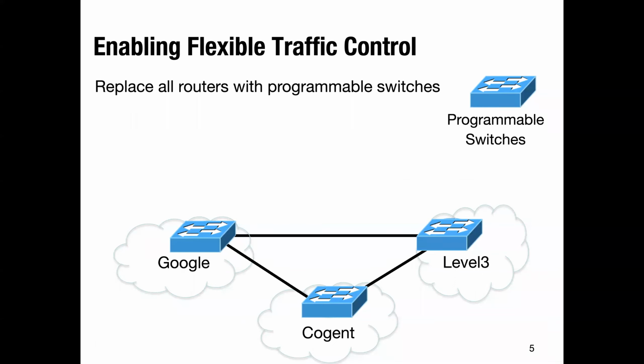Now we should be able to make flexible decisions based on the meta information about the packet. If it is video streaming traffic, then it should go to Level 3. If it is non-video streaming traffic, it can go to Cogent, even if all that traffic still uses IP addresses that belong to the 10/8 prefix range, right?